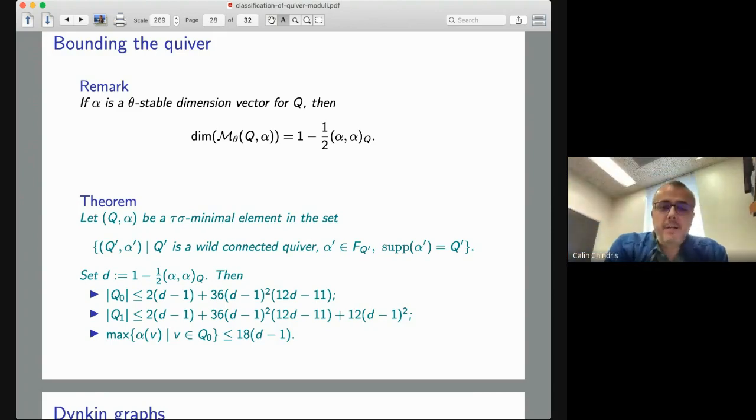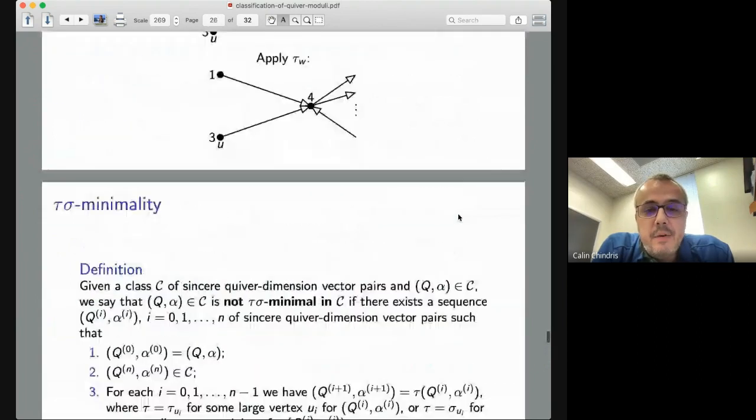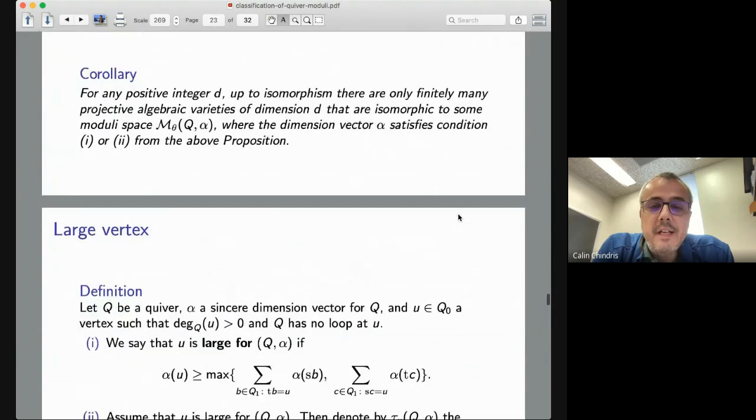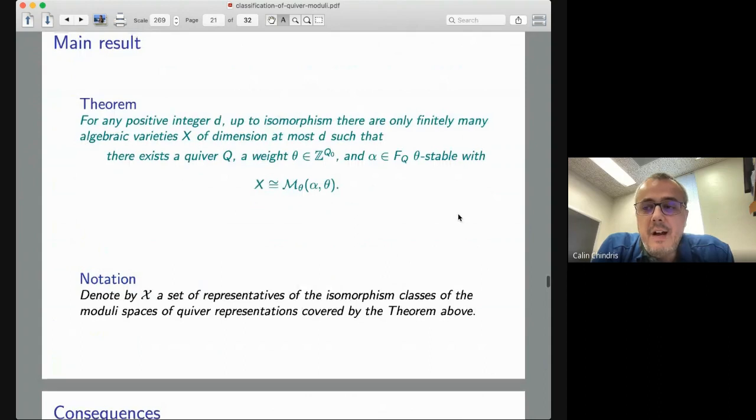So I wanted to ask you about this list X that you mentioned early on. You said that you have this list of representatives of varieties, and then a moduli space somehow shows up on that list. Do you have some insight on how many representatives you have?